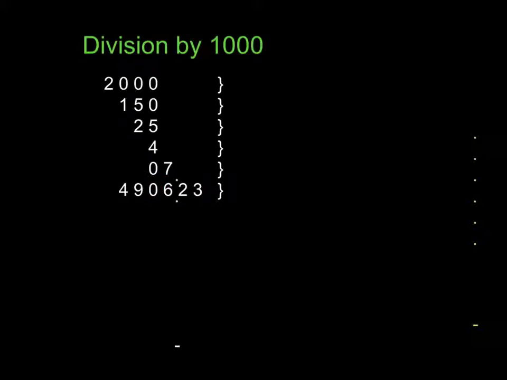So let's go and get our decimal places. We're going to get rid of the white ones. We're going to bring in these yellow ones and pretend that there are decimal places everywhere. We are dividing by 1,000. So we move 1, 2 positions, 3 positions.